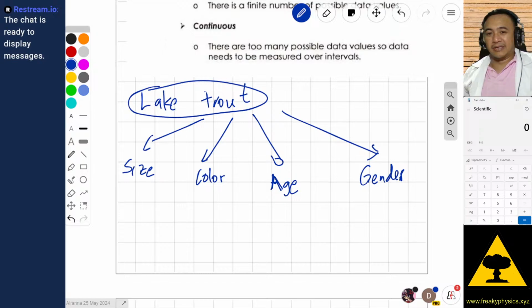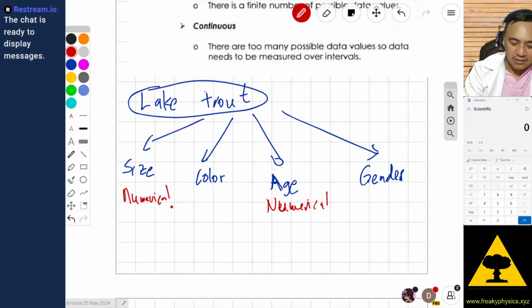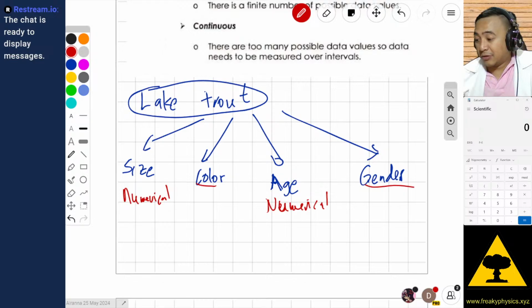Which ones of these four are numbers? Can be assigned numbers. Age and size, these are numerical. This is also numerical, right? Now this means that later on, if you're going to do a computer program and everything, you can assign numbers to these.